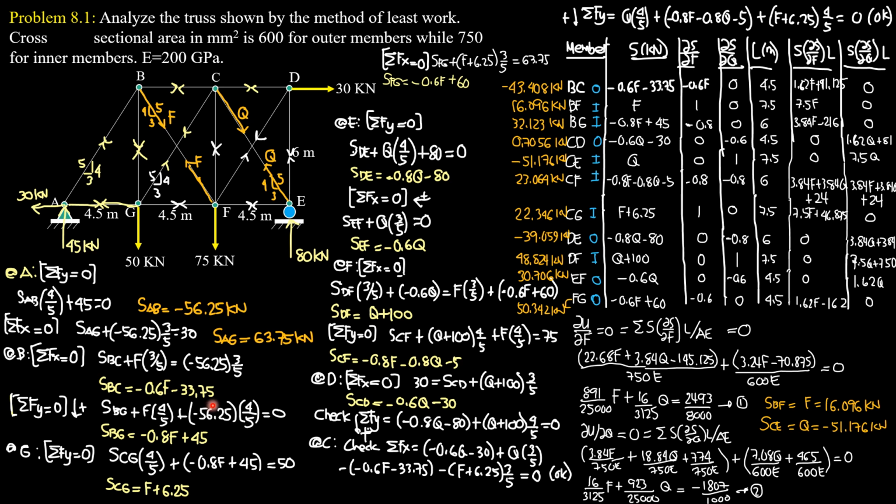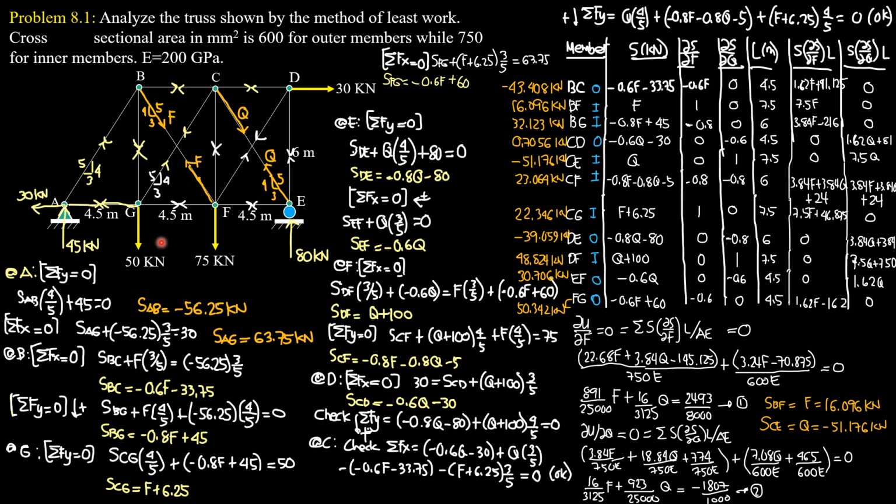Summation of forces Y equals 0, downward positive: SBG plus F times 4 over 5 plus negative 56.25 times 4 over 5 equals 0. So SBG is negative 0.8 F plus 45.